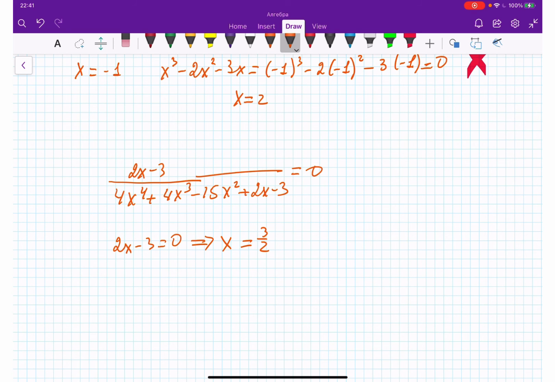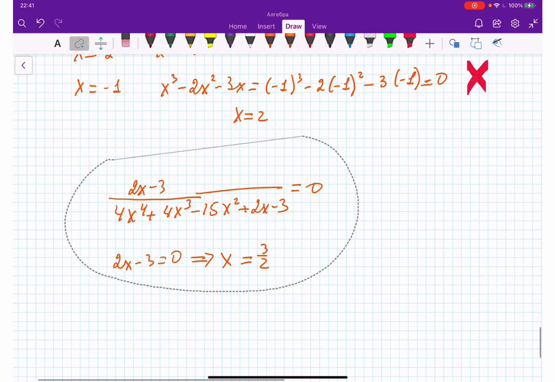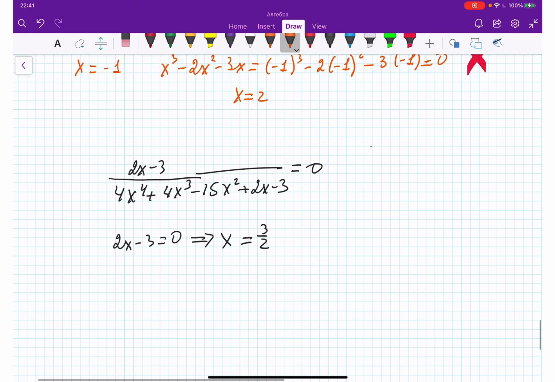All right, so let's plug this 3 over 2 into the denominator.